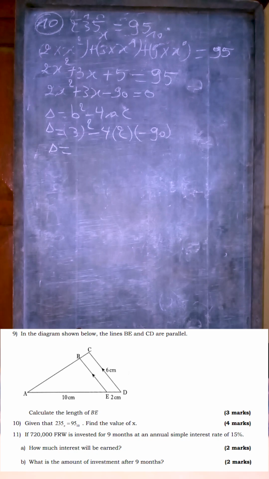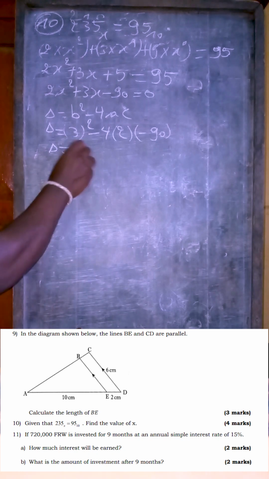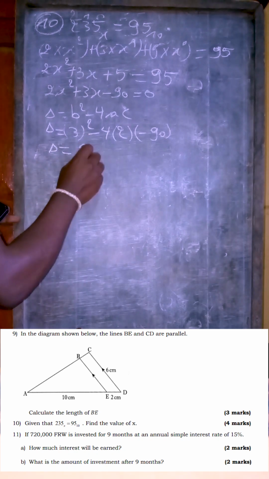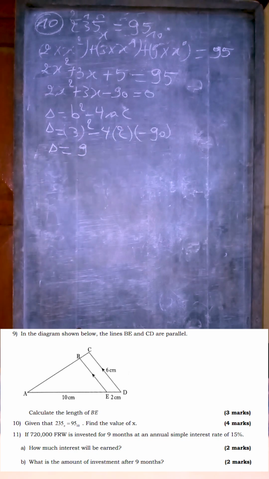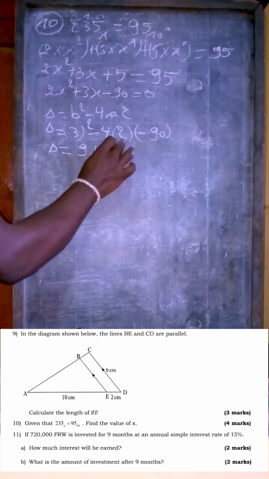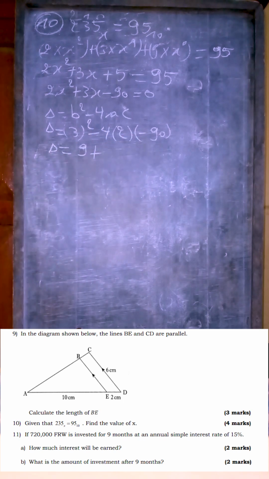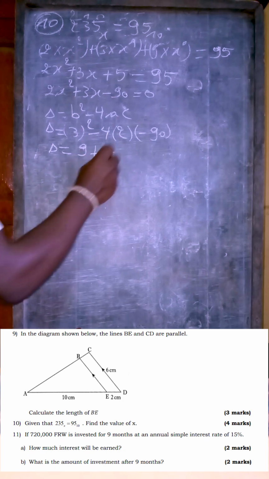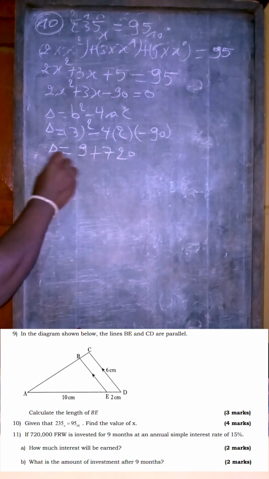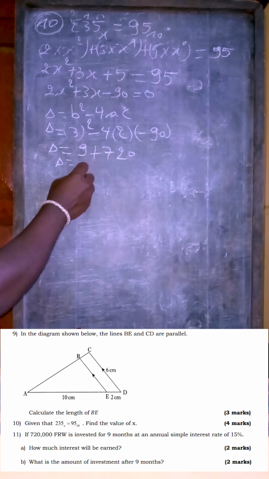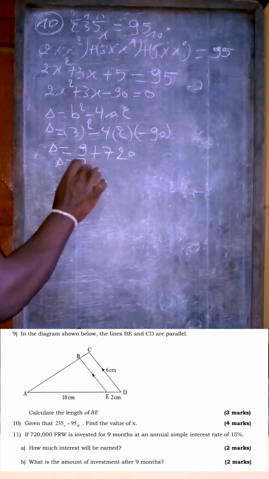The delta is equal to 9 here, because we have 2 minus signs, it will be plus 80 times 90, because 4 times 2 is 8, 80 times 90 is equal to 720. Then delta is equal to 729.